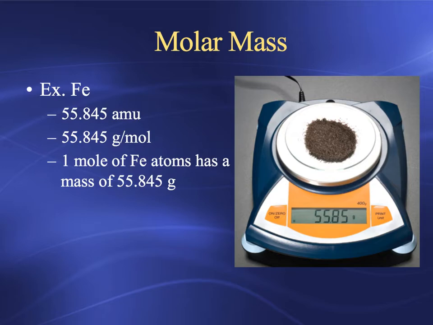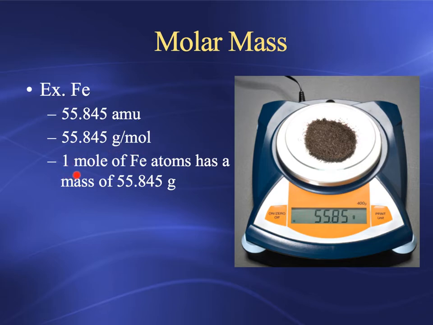So what does this look like? Here's an example using iron. Iron on your periodic table is element 26. Its atomic mass is 55.845 AMUs, which is equal to its molar mass, 55.845 grams per mole.